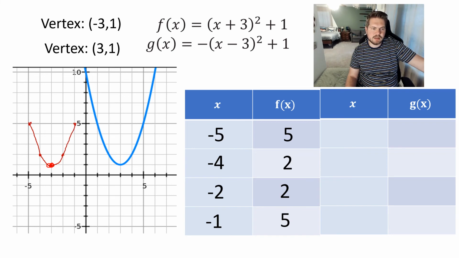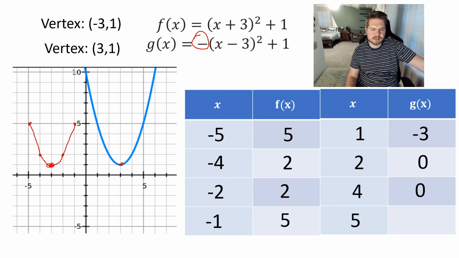All right, so let's look at the next one. The vertex is 3, 1. So that's right so far. But let's plug in some points. At 1, so 1 minus 3 squared, so 2 squared, we get negative 3. And that's because, remember, you have this negative on the outside. This negative on the outside kind of flips everything.